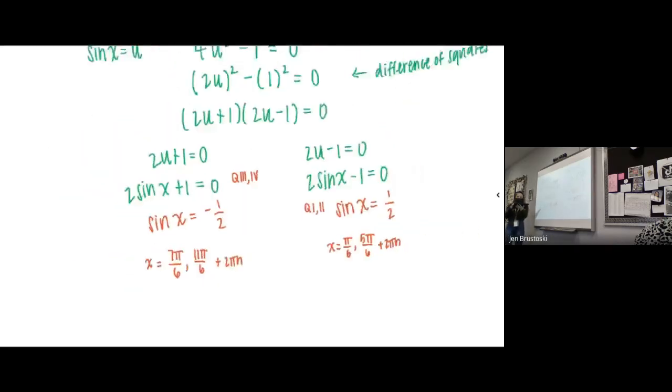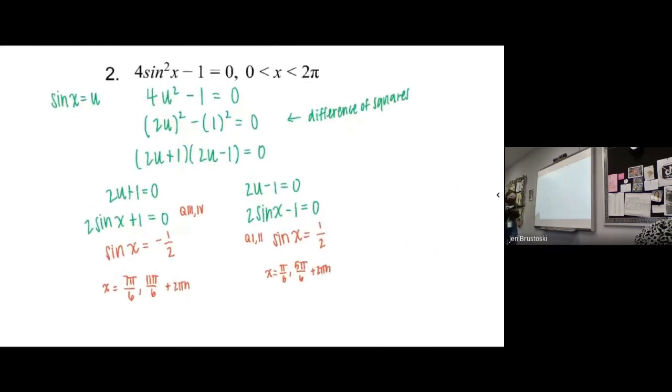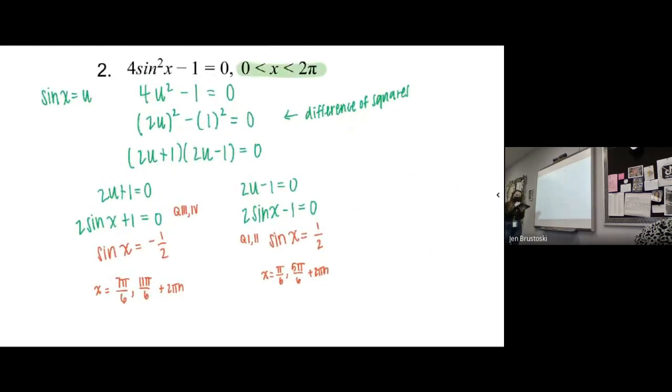Now, we are between 0 and 2 pi. I know it seems somewhat redundant to write out this plus 2 pi in. I need you to do that, though, so that I know that you recognize that you are adding the period. But then when we write our final answer, we're obviously going to ignore this, because if we add 2 pi, then we are outside of this domain restriction.